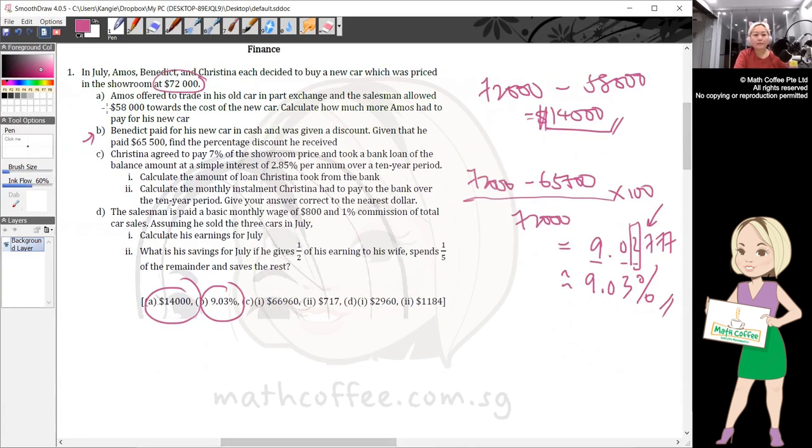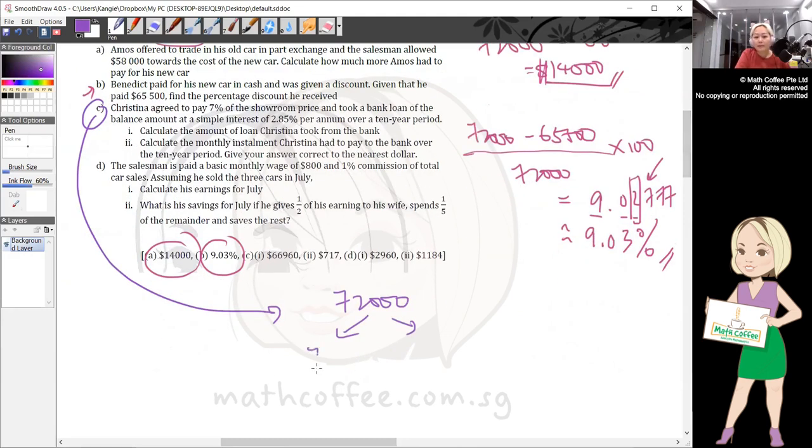Okay, now part C. Part C is the most common way of people paying. Because most people got so many things to pay. Usually they don't have so much cash to pay upfront. Christina agreed to pay 7% of the price and then took a bank loan of the balance amount. So there's 2 portions. This 72,000 you break into 2 parts.